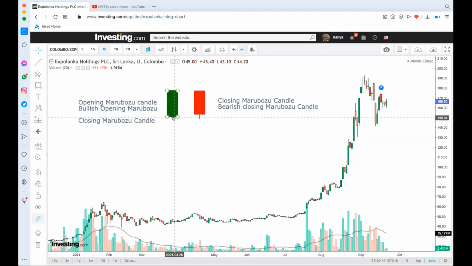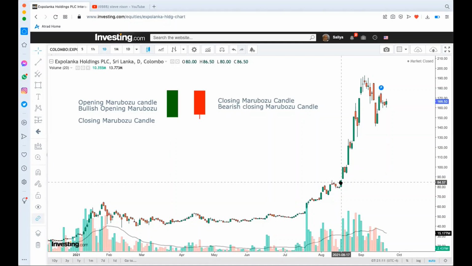So that shows that there has been a lot of interest in the stock, and a lot of active trading happening. As I showed you here, by looking at this Marubozu candle, where the open was at 80 and the close was at 86.50, similarly the low and the high also had been 80 rupees and 86.50.